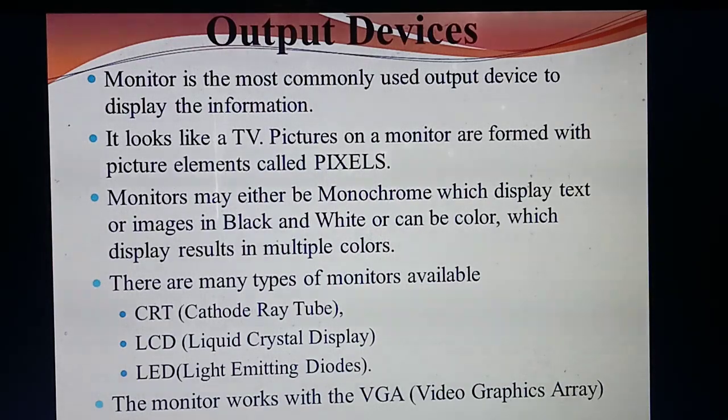The monitors we can call monochromatic or monochrome. What does monochrome mean? You might have seen that in the olden days the TV was a black and white TV. There was no color TV then, only black and white, and that we call monochrome. After some years, color TV was invented. The monitor is also in the same condition.